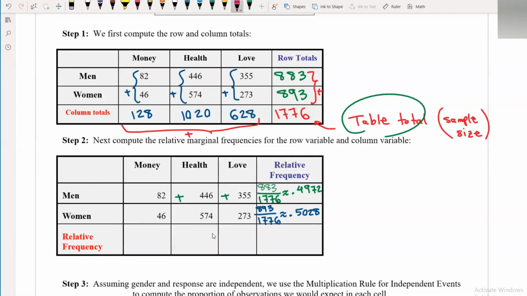We added 82 plus 46, which is 128, divided by the total. So this one is, okay, I'm writing it up here, 0.0721. Here is 1020 divided by the total. This is 0.5743.